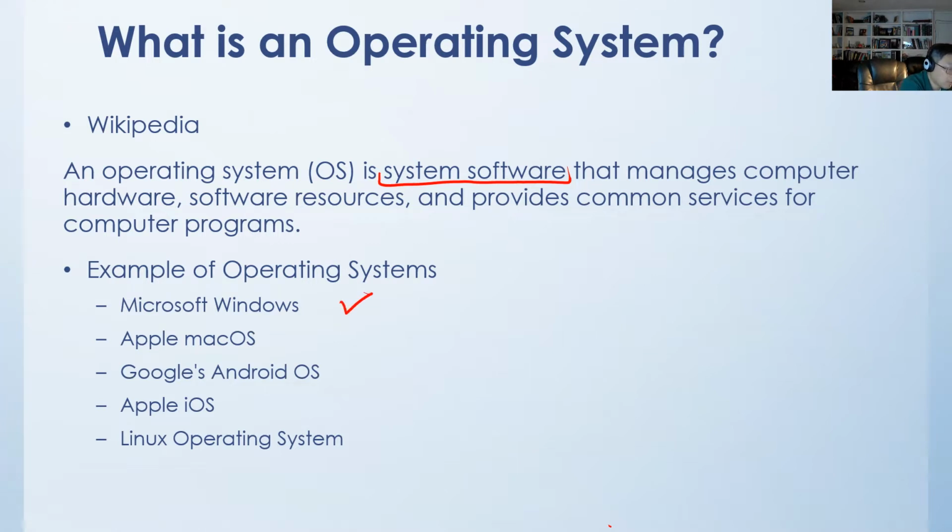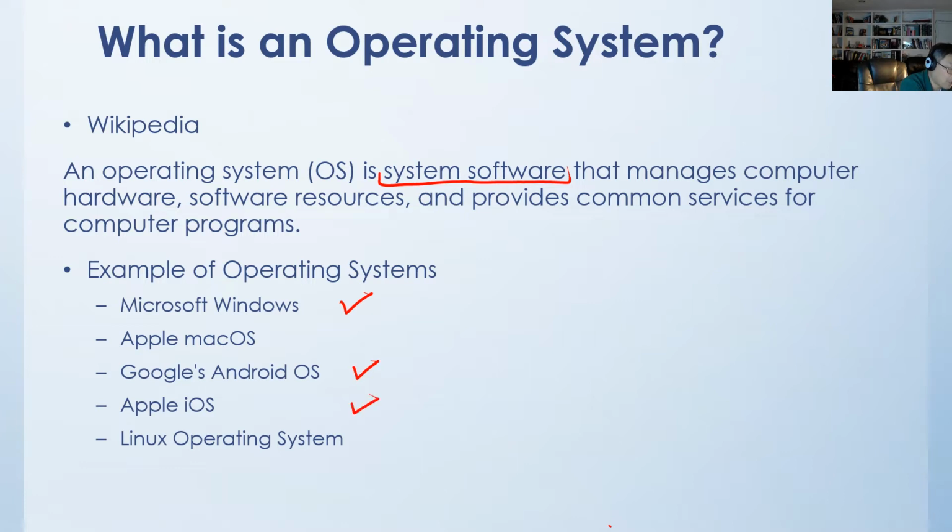Now, most people use Apple, like if you use the iPad, that's iOS, and also you can use the Macintosh. That's also the Apple operating system, Mac. Okay. Now, most of the smartphone use Google Android operating system. Okay, that's also operating system.